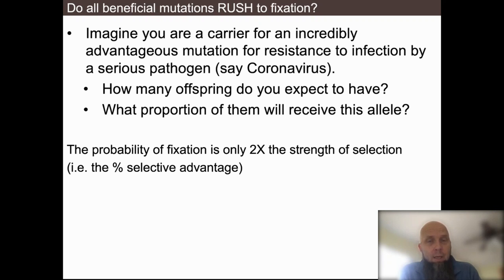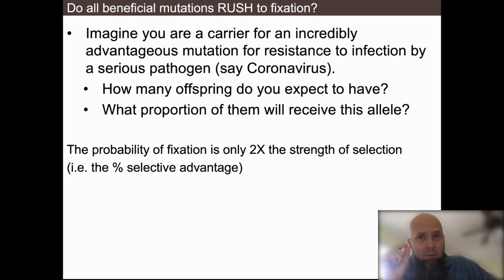and become fixed in the population, okay? It doesn't matter how beneficial they are, it takes time, especially in organisms with long generation times like ours. So the probability that this allele would reach fixation, even if it confers an amazing advantage, let's say it gives you a 20% increase in fitness, so the strength of selection is 20%, well, the probability that this allele will ever become fixed is only 2 times that, so 40%.